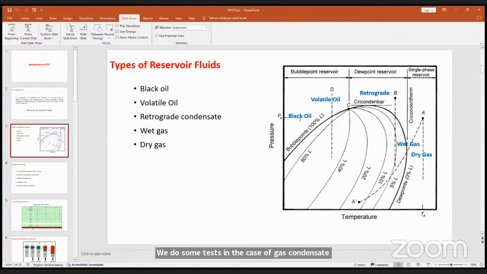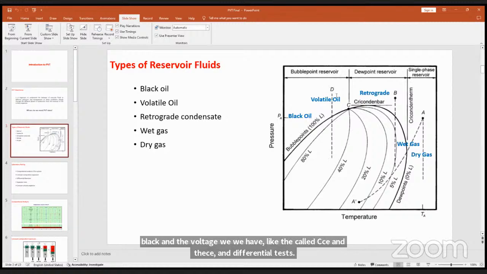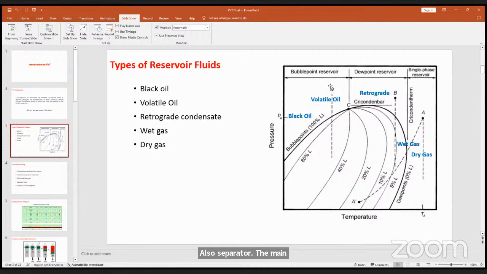For black oil and volatile oil, we have the CCE and differential tests, also separator tests. But the main difference is that volatile oil tends to have a much higher Bo and a much higher GOR.